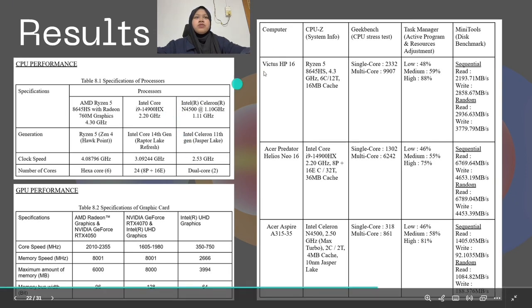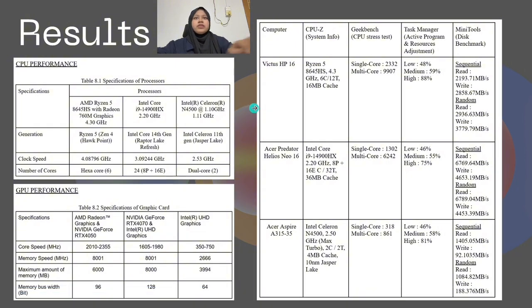Okay, this is the result of all that we already included from the earlier tasks, which is the Geekbench CPU stress test that we already did, and this is the result, and we already concluded all.